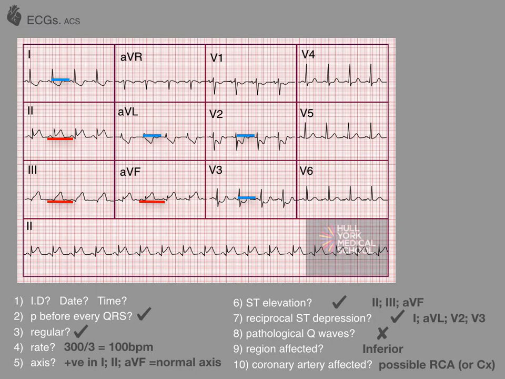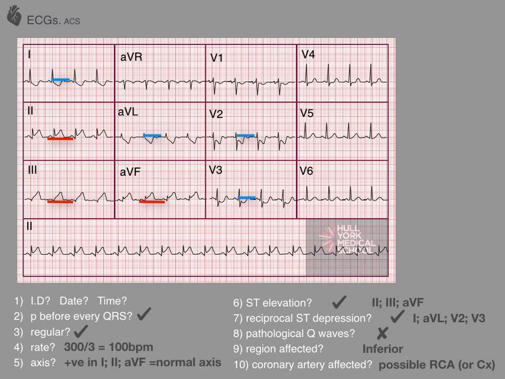If we then move on to looking for if there is any ST elevation, you can hopefully appreciate that in leads 2, 3 and AVF, the ST segment, specifically the J point, is elevated by 1 or 2 millimeters above that TP segment baseline. We can also see on this ECG that there is some ST depression and T-wave inversion in leads 1, AVL, V2 and V3.